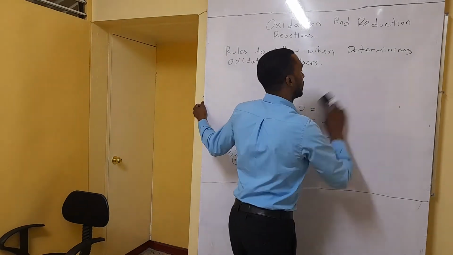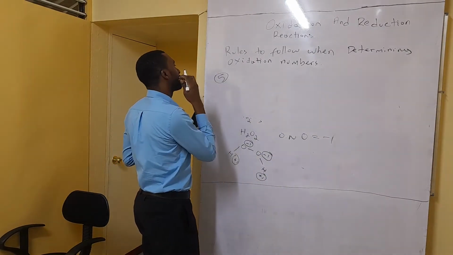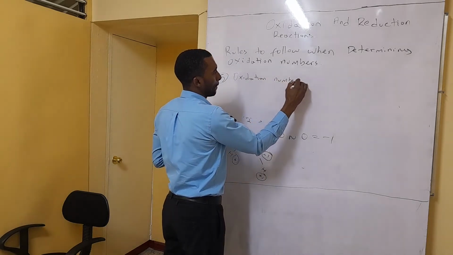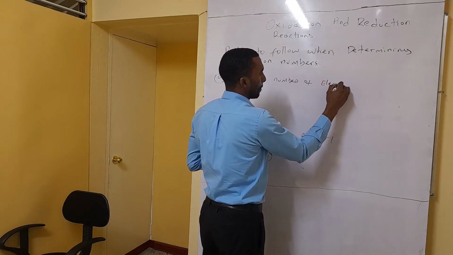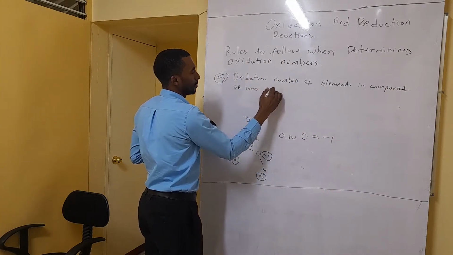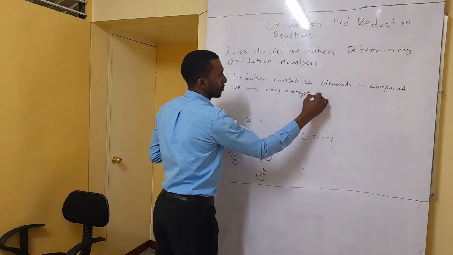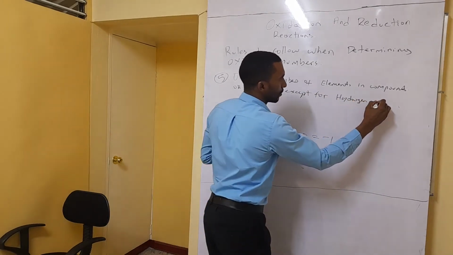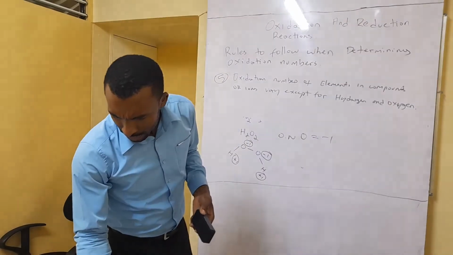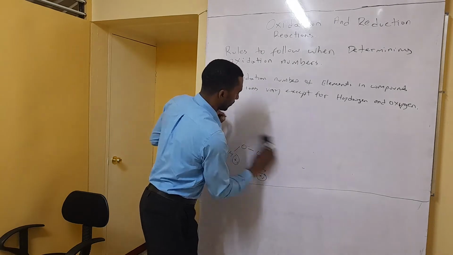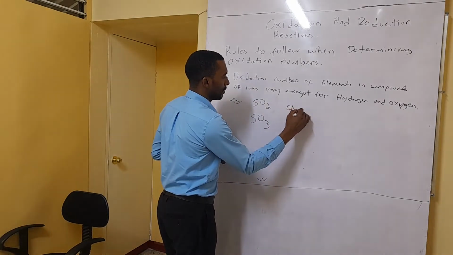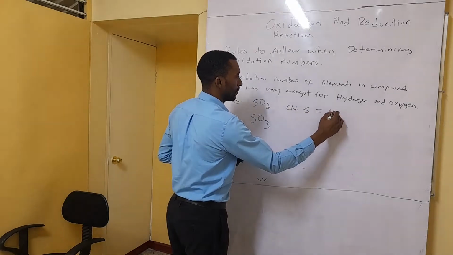Alright? So number 5. SO2, SO3, right? So in this case, oxidation number of sulfur will be equal to +4.